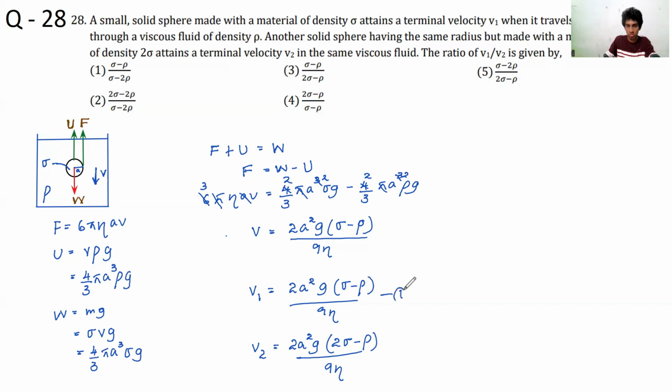So this is the first one and this is the second one. So they are asking for the ratio of V1 over V2. So we can divide the first one by the second one. So therefore V1 over V2 is equal to sigma minus rho over 2 sigma minus rho. So accordingly, the correct answer will be the third.